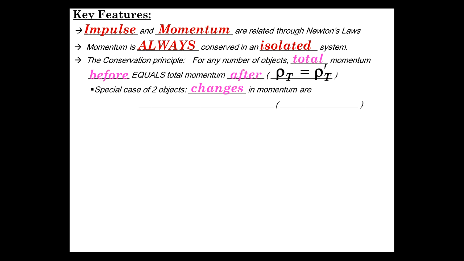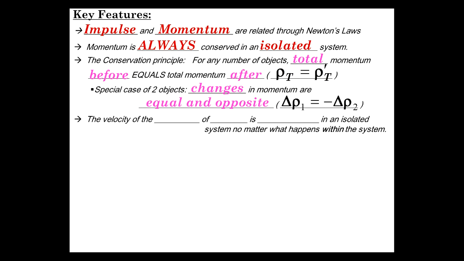But if we assume that the two objects are the system, and that's all that's in the system, then the changes are equal and opposite, so the total amount is unchanged. So change in momentum 1 is minus change in momentum 2, namely object number 1 and object number 2. Notice up here, there can be any number of objects.